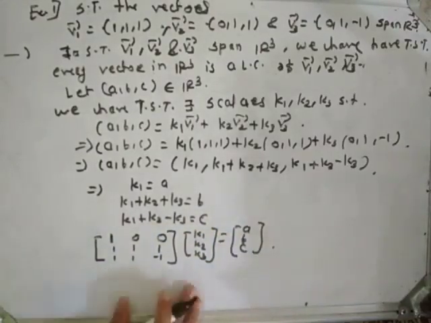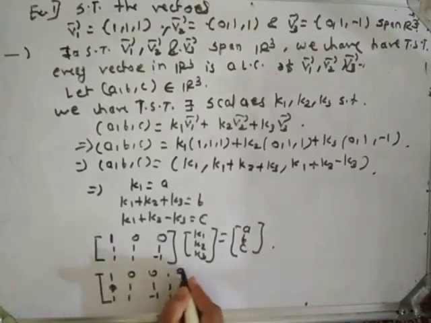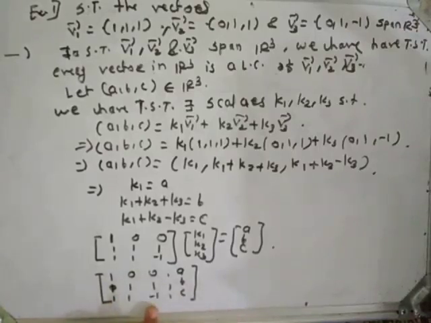Write down the augmented form of this matrix. Solve this augmented matrix; this is homework for you. Obtain the row echelon form of this matrix and find the values of K1, K2, K3.